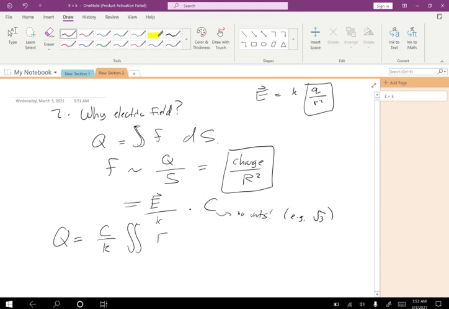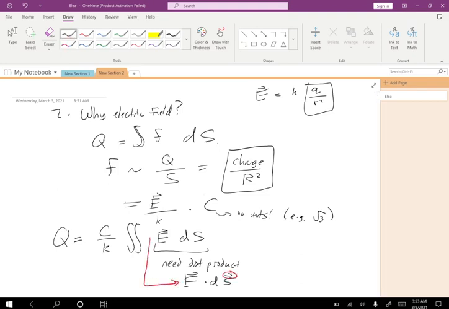So now we have E ds. And so now we need a dot product. We need to change this to E dot ds vector, because the charge is a scalar.